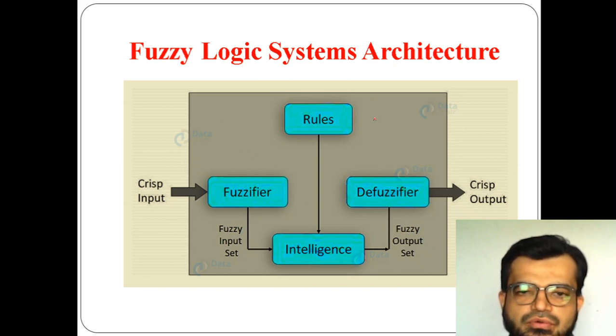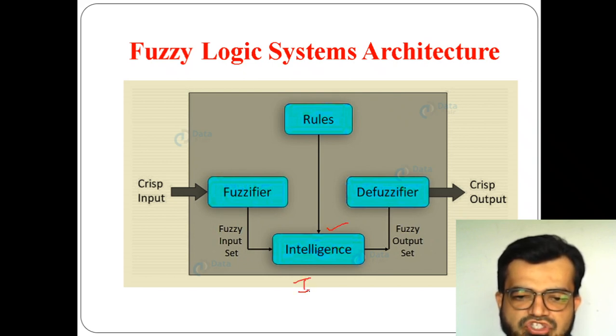The second is that there are certain rules that have to be satisfied, such as if-then rules. And then the intelligence part, which is your inference engine, like you have already seen in expert systems.